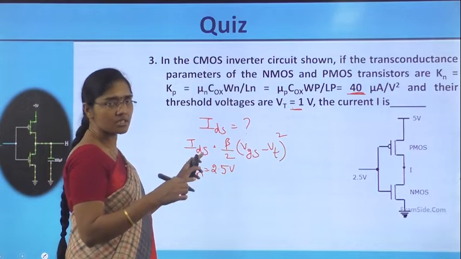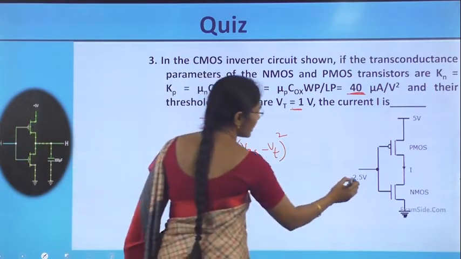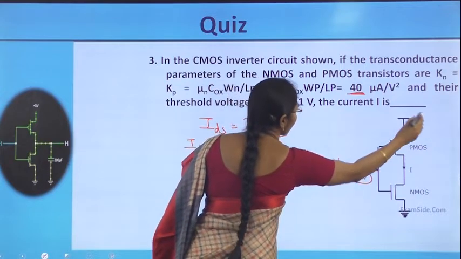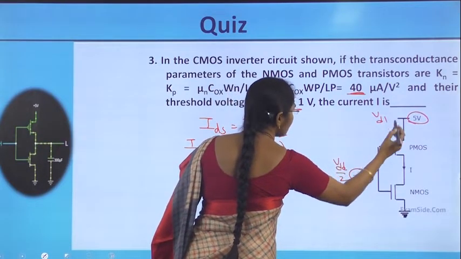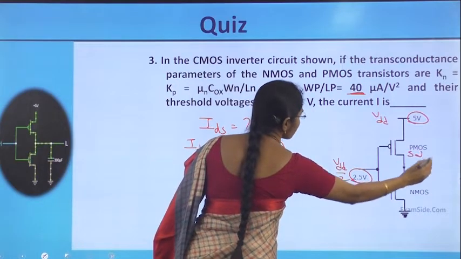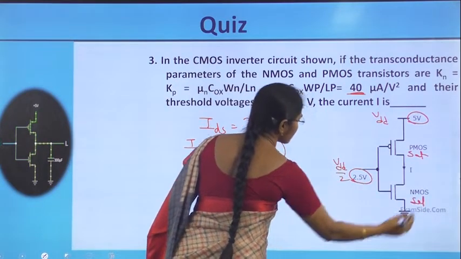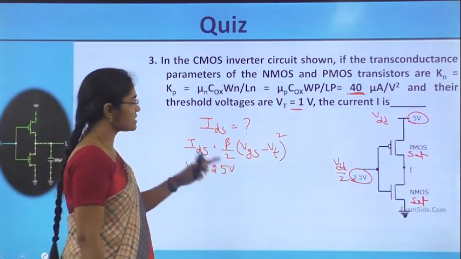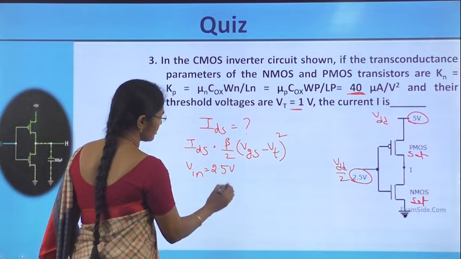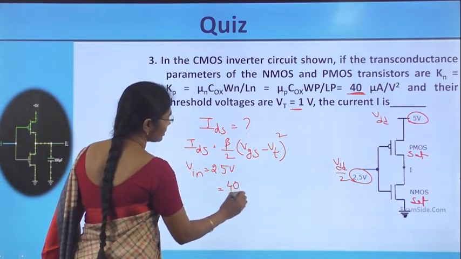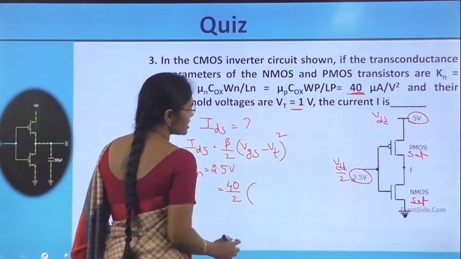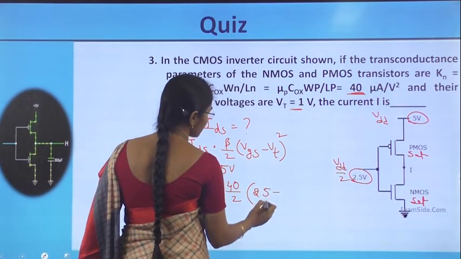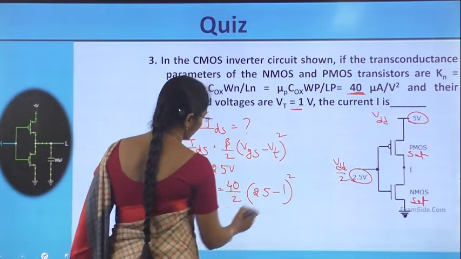Because at the value of 2.5, this is equal to VDD by 2. For the VDD of 5 volts, the NMOS is in saturation mode and the PMOS is also in saturation mode. So the saturation current is taken, just substitute here: 40 by 2 into VGS value 2.5 for the NMOS minus VT value 1, whole square.